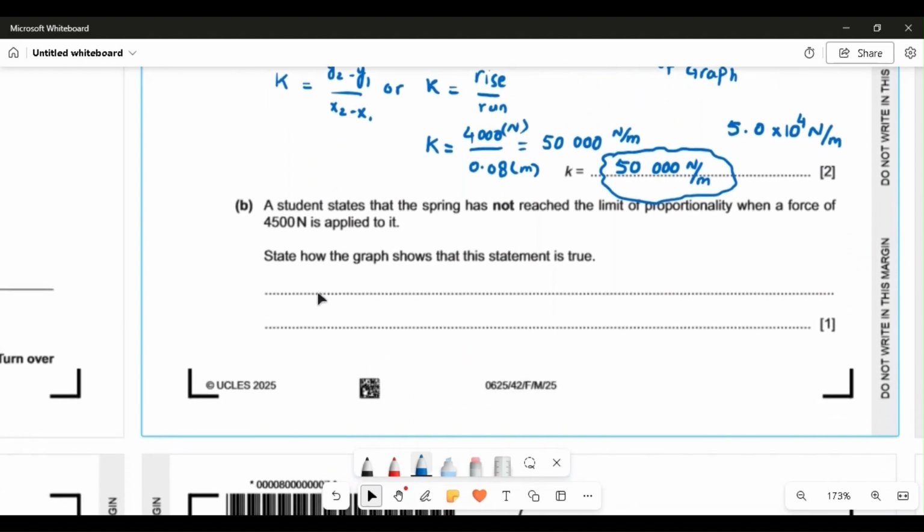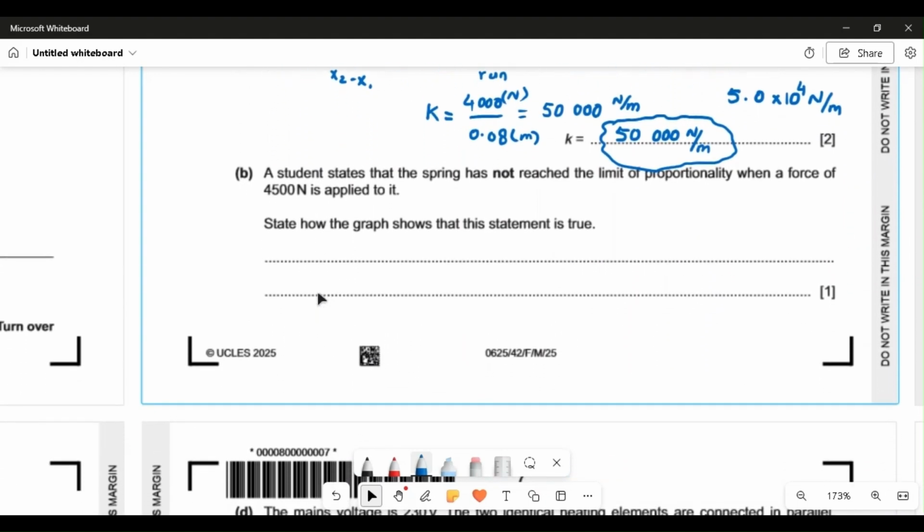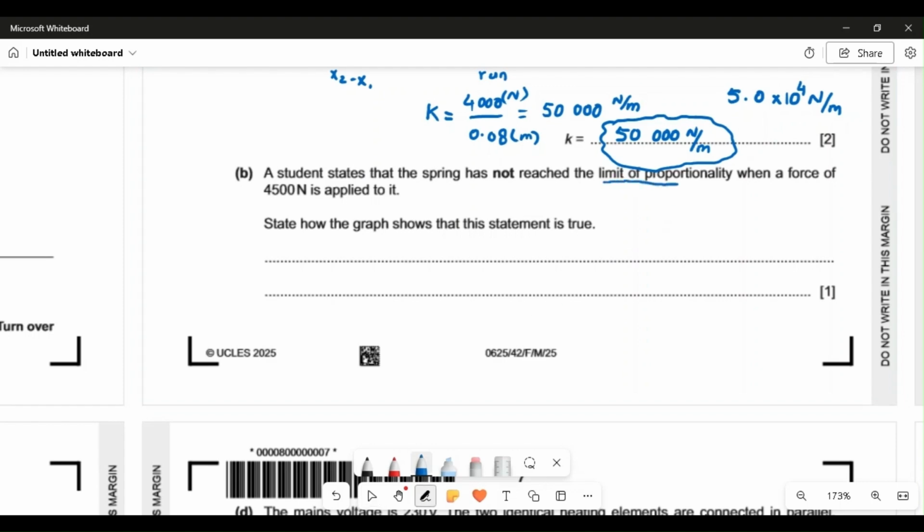Part B of the same question is, a student states that the spring has not reached the limit of proportionality. We need to understand that the limit of proportionality is the limit up to which the spring is at its peak, after that it will completely deform and will not return to its original state. If we have a graph, after the limit of proportionality, the graph does not remain a straight line.